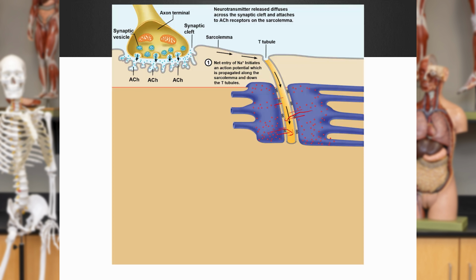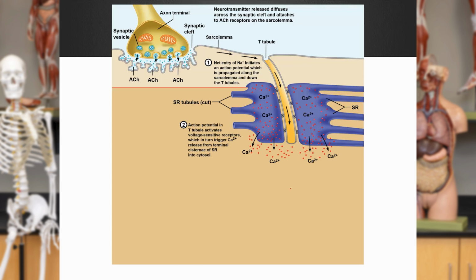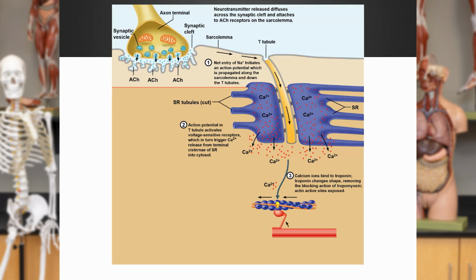And as that calcium is leaving, so these are all calcium 2+, it's going to flood through the entire muscle cell. As it floods out into the entire muscle cell, it's going to increase the binding rates on troponin. This little yellow spot there is troponin. Now, that troponin is going to go through a shape change, or a conformational change.